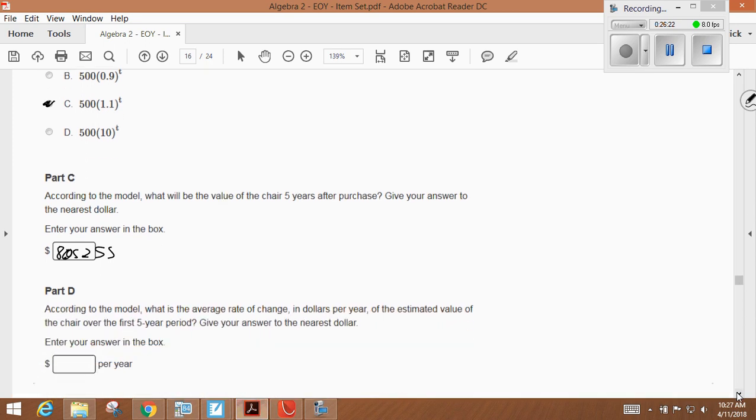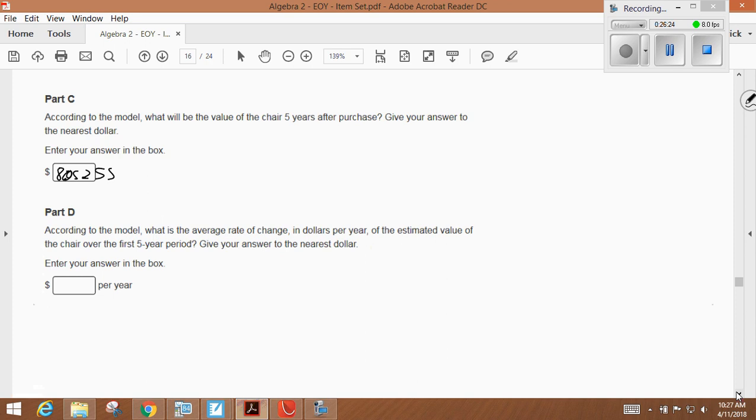For part D, it gets a little more complicated. We want a rate of change. Remember, our rate of change formula is f of b minus f of a over b minus a, right? It's our change in y over our change in x. So in other words, what we want is over the first 5-year period. We're going to go x equals 5 minus x equals 0 in our formula that we have, right?